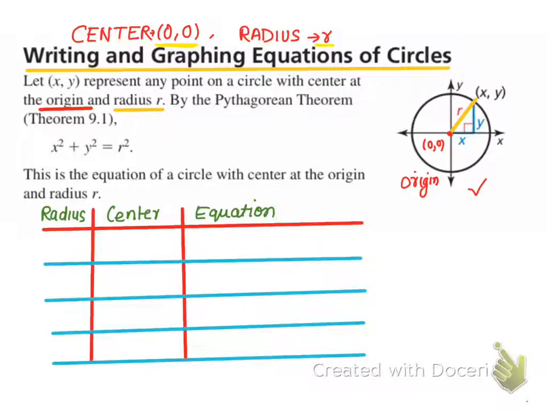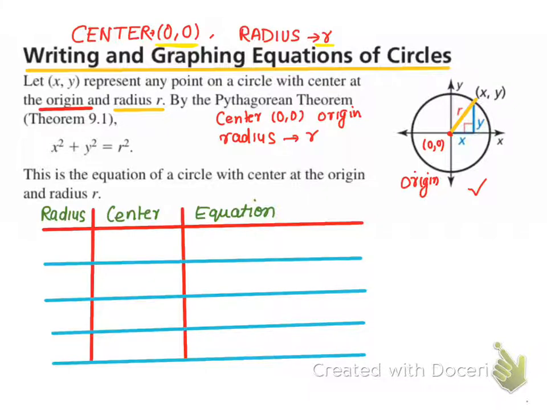So we are going to talk about the equation of a circle for a specific case where your center is 0, 0, the origin, and your radius is r. How can you write down your equation?